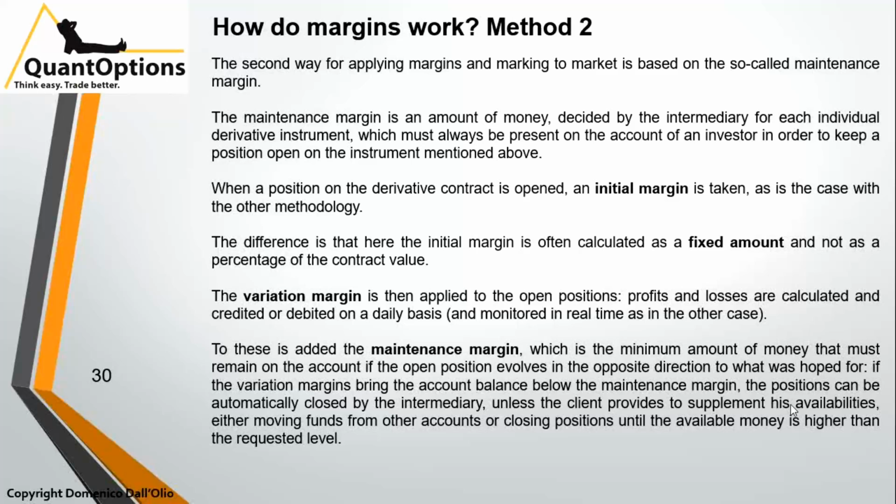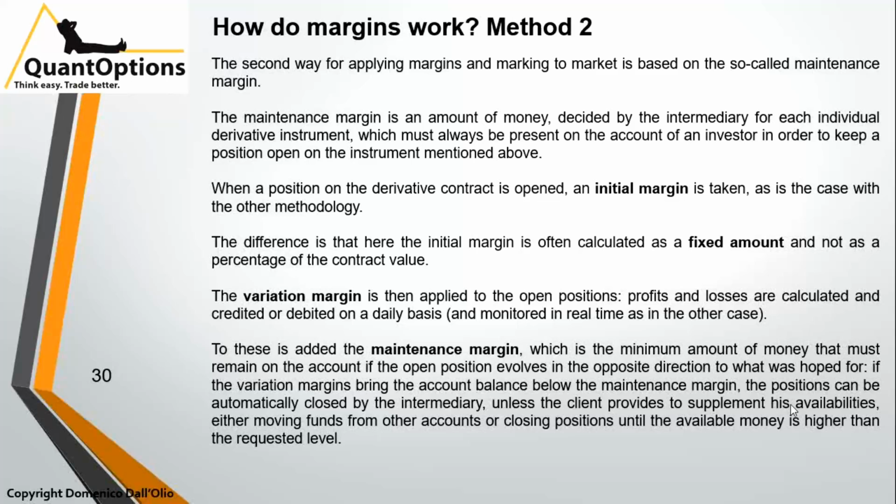When a position on the derivative contract is open, an initial margin is taken, as in the other methodology. The difference is that here the initial margin is often calculated as a fixed amount, not as a percentage of the contract value. Then the variation margin is applied to the open positions. Profits and losses are calculated and credited or debited on a daily basis and monitored in real time, as in the other case.